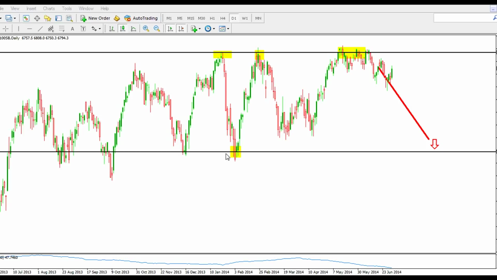So this is minimal risk here, this little region, if that, compared to maximum reward. Look at the little risk we're putting on the table potentially compared to the amount of pips we can actually be making if we're trading a range.